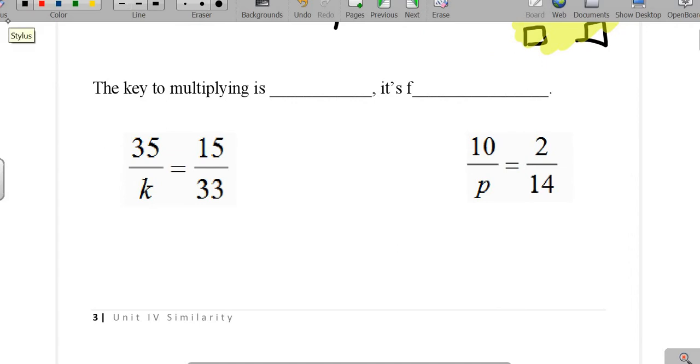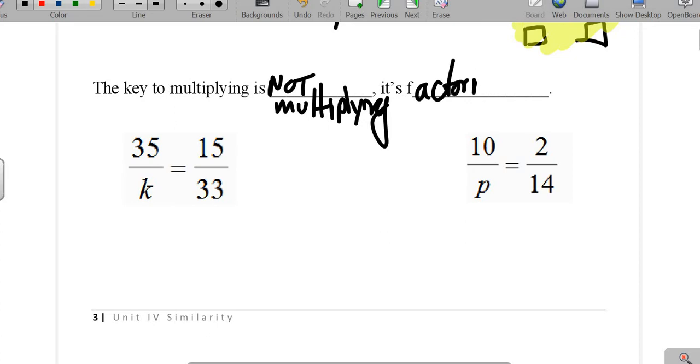So right here, I'm going to show you a little trick: the key to multiplying is not multiplying. It's factoring. I'm going to show you how to use both of these without touching a calculator. It's an important skill.